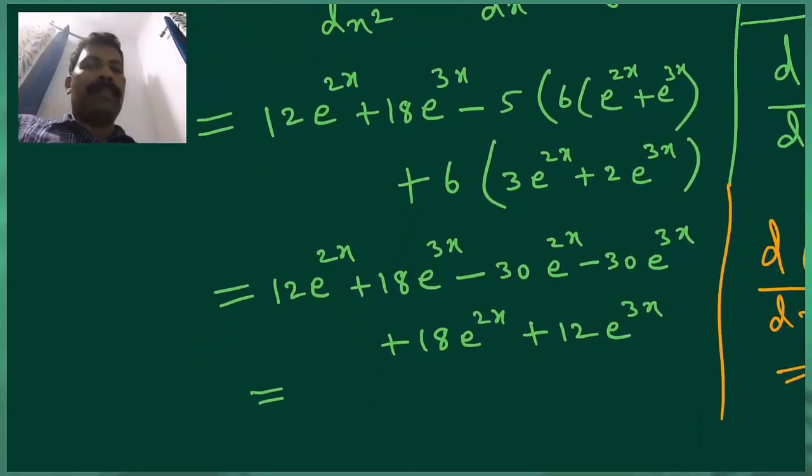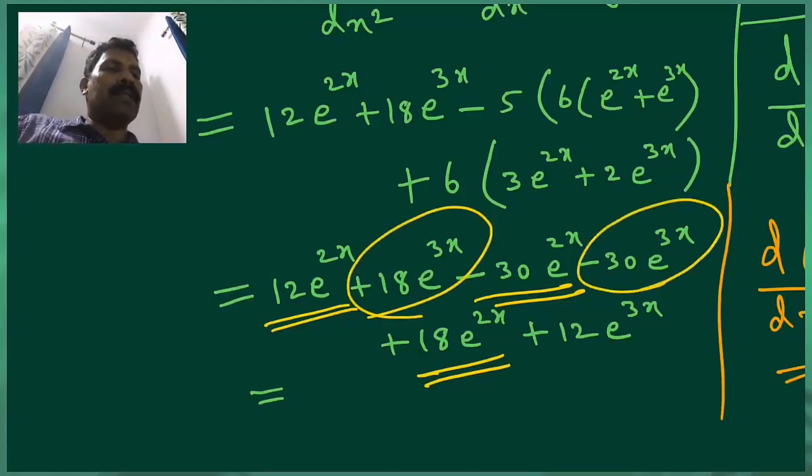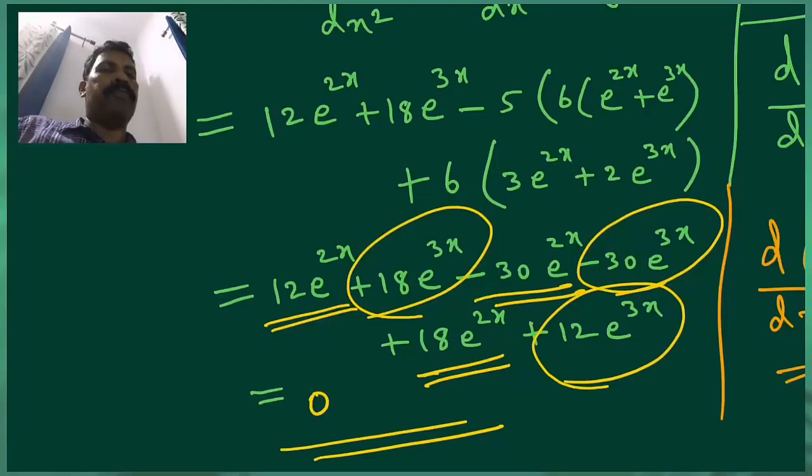So you can see the same terms, that is 12 e power 2x here, minus 30 is there, then here also e raised to 2x. So you can see 12 plus 18, 30, then 30 into e power 2x minus 30 into e power 2x, so getting cancelled. Then again plus 18, then minus 30, then plus 12. So totally 0 you are having, hence the proof.